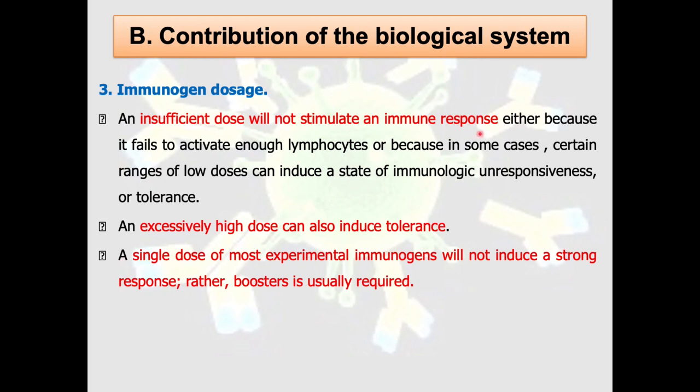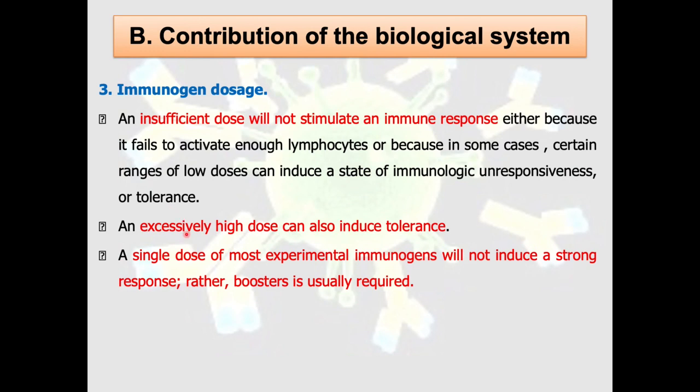For example, when the vaccine contains a lower dose of immunogen, it cannot trigger the immune response, because it fails to activate enough lymphocytes, or because in some cases a certain range of low doses can induce a state of immunological unresponsiveness, or tolerance.